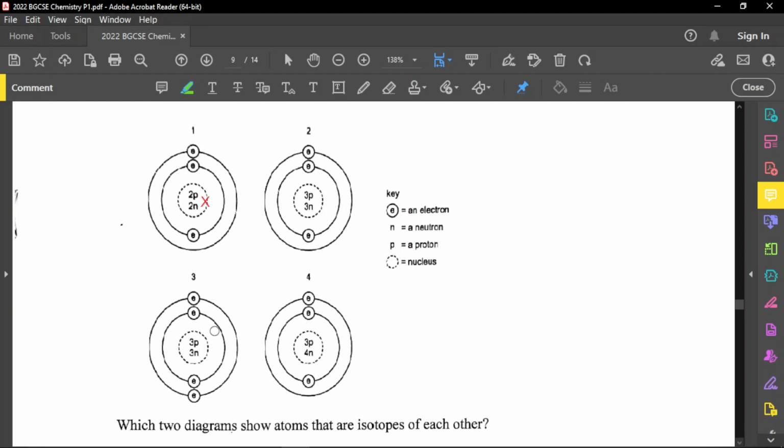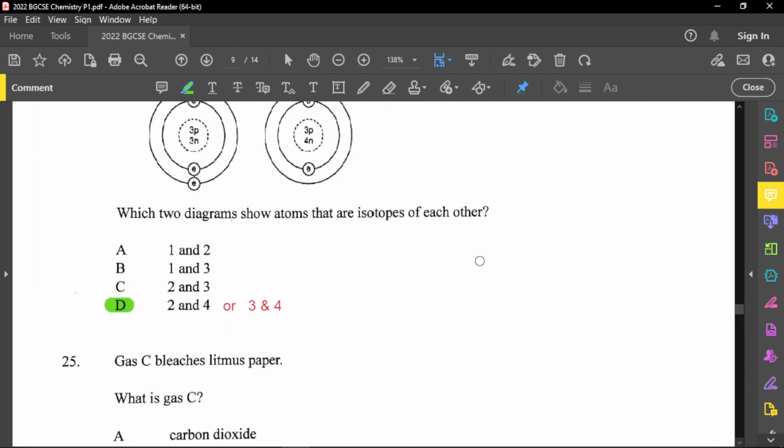And so 2, 3, and 4 are isotopes of each other. So the options now must be centered around 2, 3, and 4. Based on the options given, they have 2 and 4 together. And so 2 and 4 is the correct answer, but it could also be 3 and 4 as well.